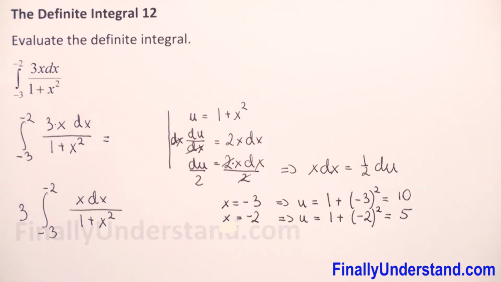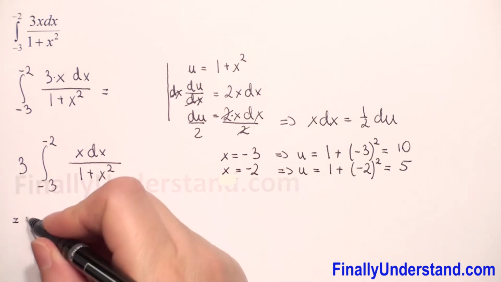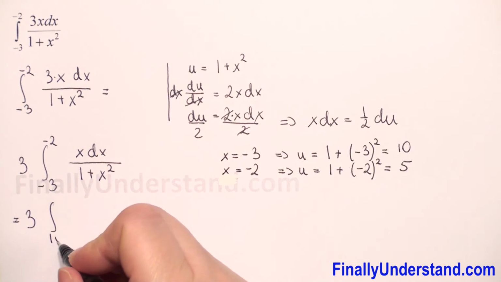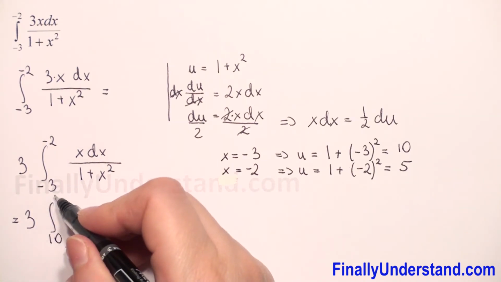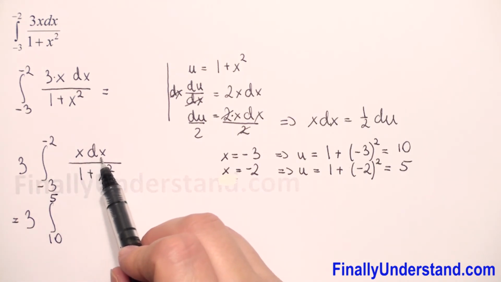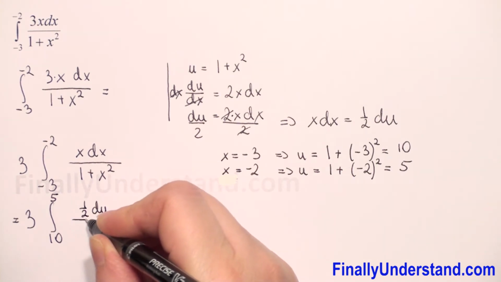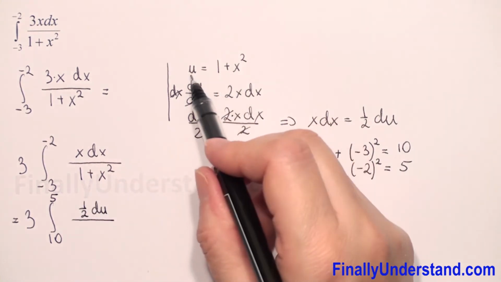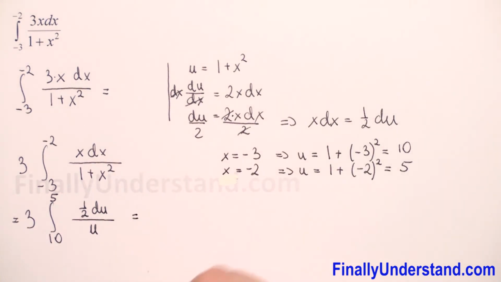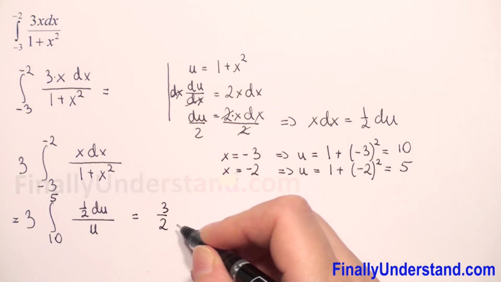Now we can rewrite our definite integral. 3 we have to copy, and we have the integral now from 10 to 5. And instead of x dx, we have to put 1/2 du, over 1 plus x squared, which is u. So this is equal to, the constant we can take before the integral symbol, so it will be 3 times 1/2, which is 3 over 2.